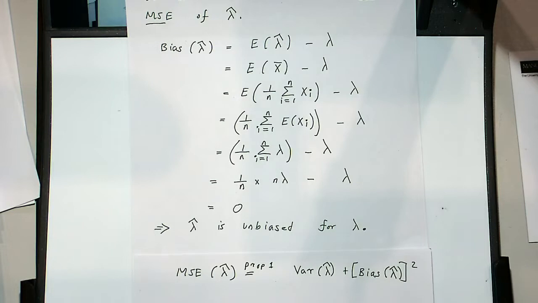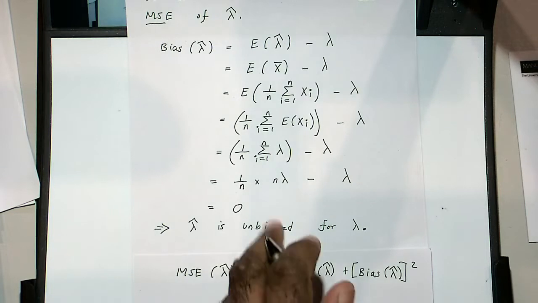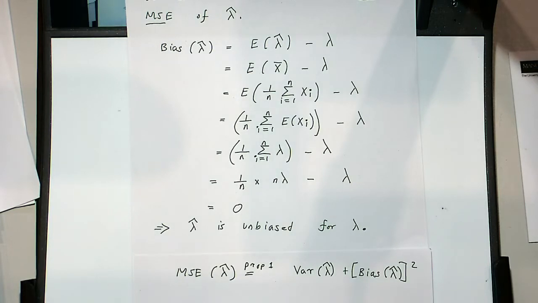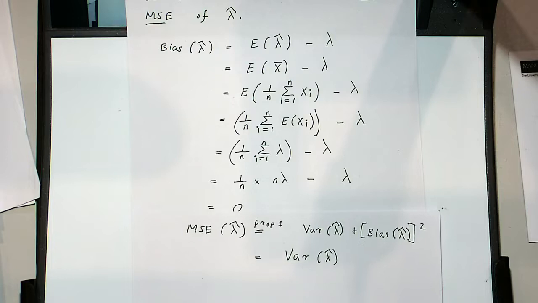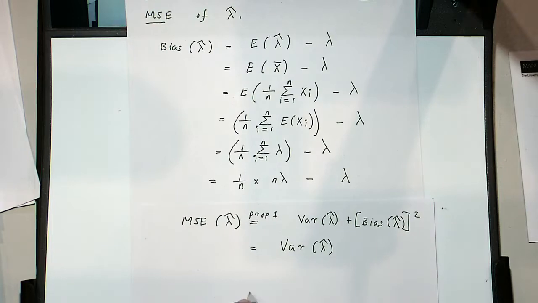Now we know from above that the bias is 0, so this is simply equal to the variance of lambda hat. So this is the variance of x bar.